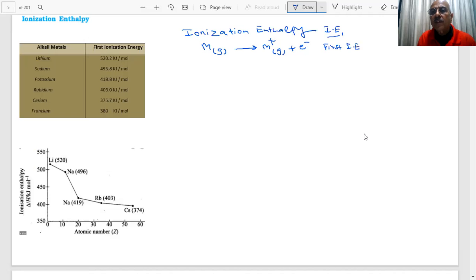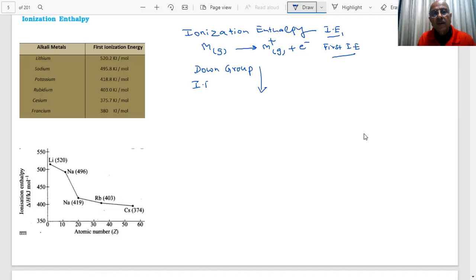Tell me, down the group, will ionization energy increase or decrease, students? What will happen to the first ionization energy if I go down the group?